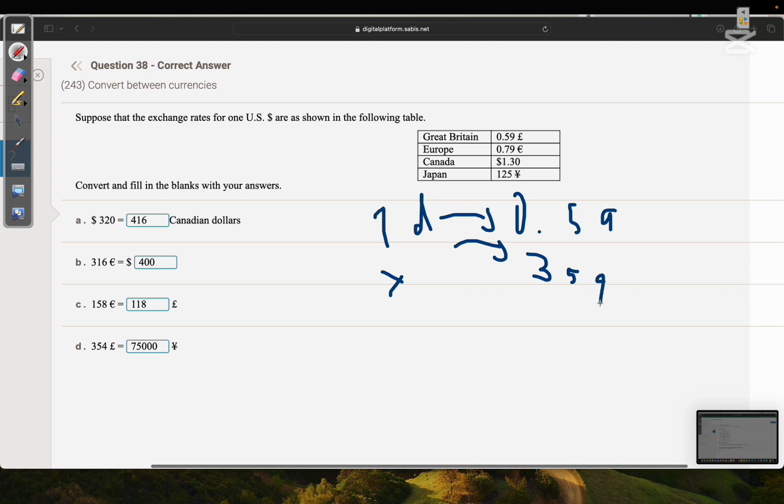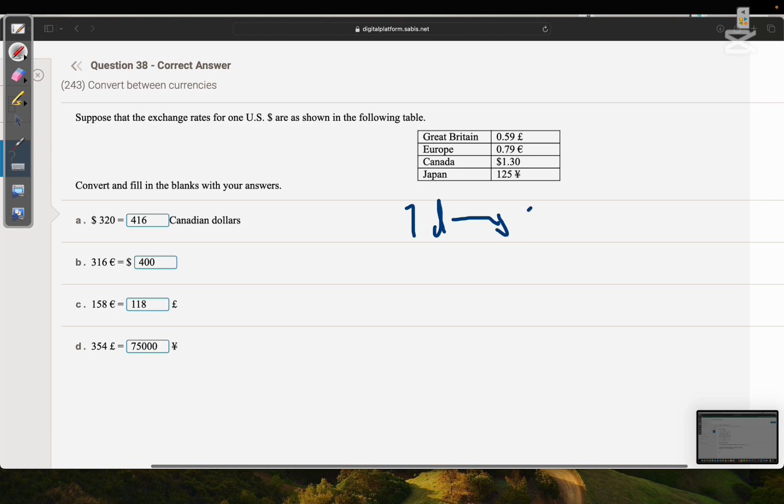So we do 354 divided by 0.59, which is 600. So $1 is 125 yen. Don't ask me how I know that. $600 is how many yen? So you just do 600 times 125. Okay, which will give us 75,000.